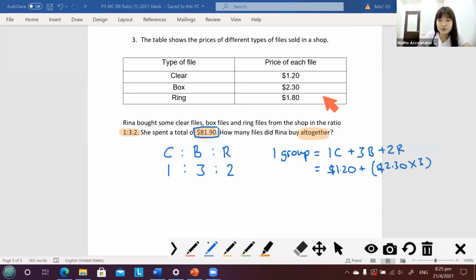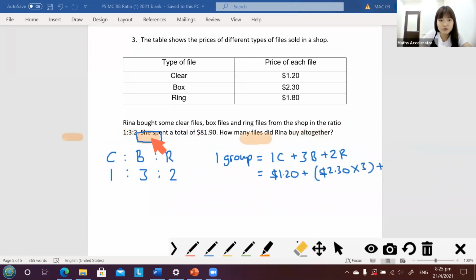And you have how many ring files? 2. So we add the 2 ring files, $1.80 times 2. Yes, you can call it one set, or one group, same thing.